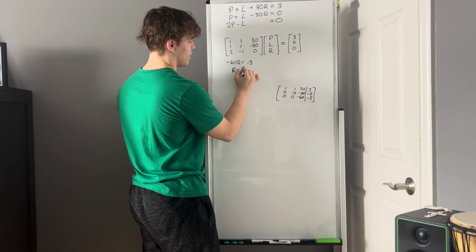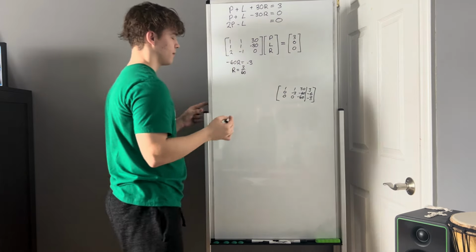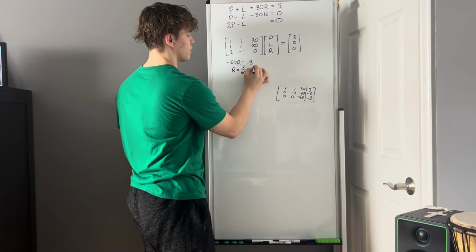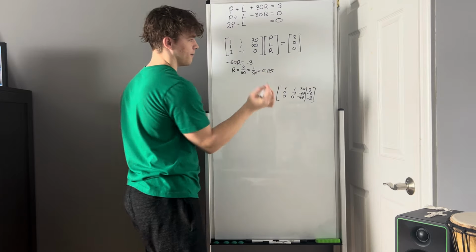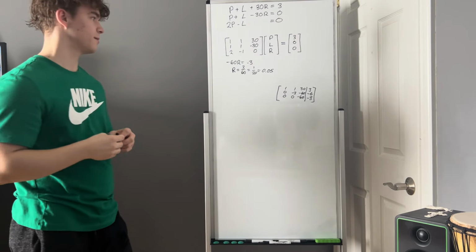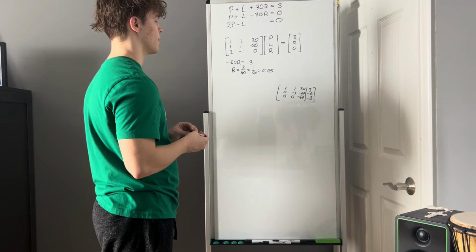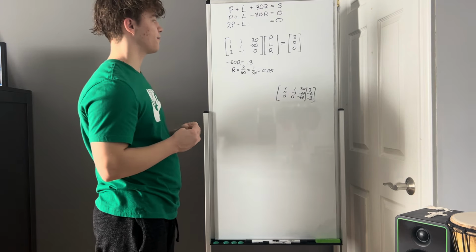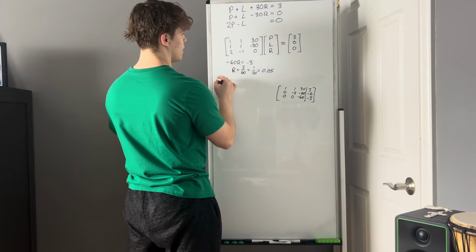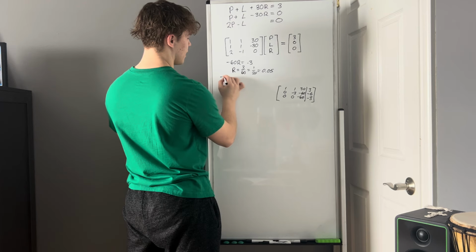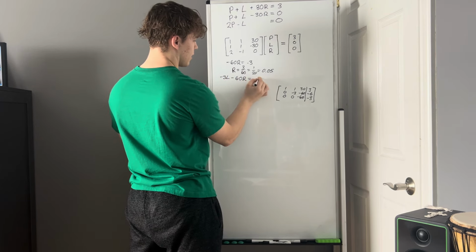R equals 3 over 60. So R equals 1 over 20, which is 0.05. Easy. So now we know R. Let's find L. From here we get negative 3L minus 60R equals minus 6.